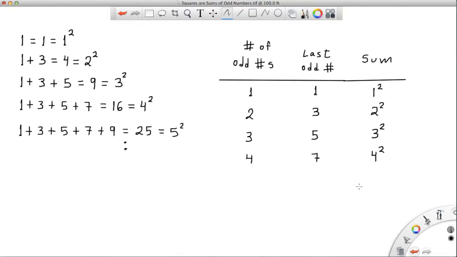Now, how do we represent this in general? Because this number keeps increasing. So if we put a letter instead of a number to represent the number of odd numbers that we are adding, then the last odd, see, notice that 3, 5, 7.